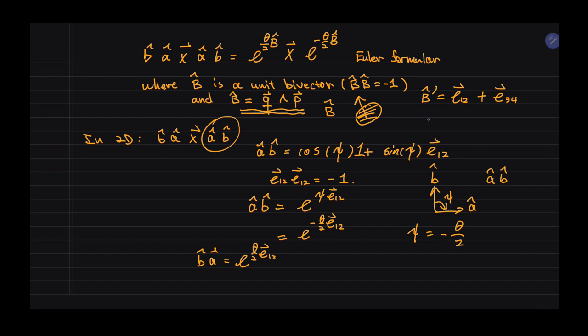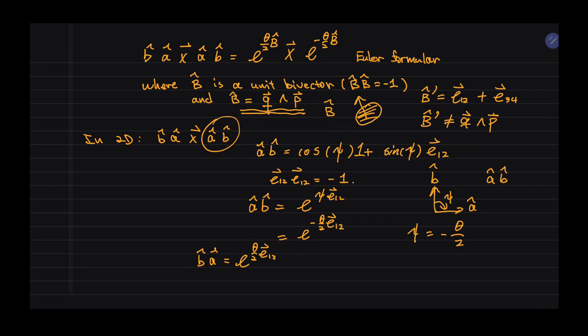Well, you cannot find any vectors P and Q such that B hat prime can be expressed as their wedge product, even though vector Q and P are in 4 dimension, because such a linear combination of bivectors does not represent a rotation, and this happens when you start working above 3 dimension, where things can happen in 4 dimension, 5 dimension, 6 dimension, but in 2 dimension and 3 dimension, this requirement will always be satisfied.